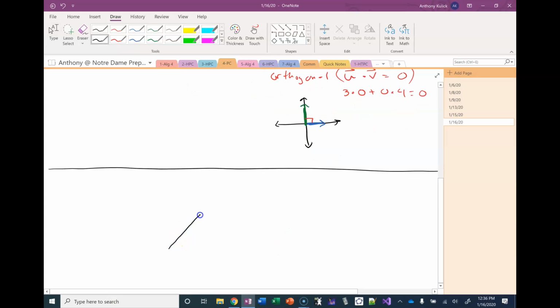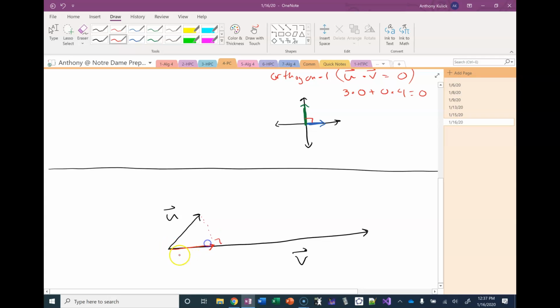So let's say we have a vector here that I'm going to call u. And down here I have some other vector I'm going to call v. Okay. So what I want to do is make a right angle here.